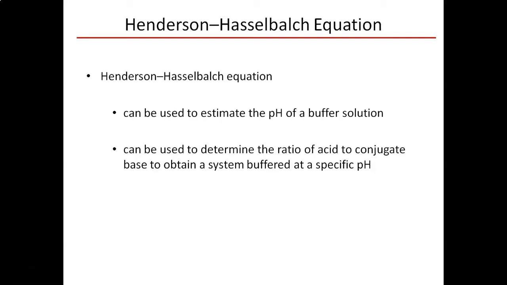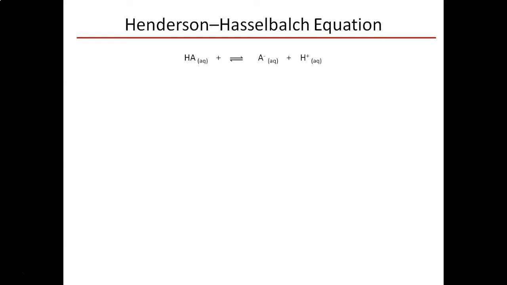Now, calculating buffered solution pHs, or the amounts of acid and conjugate base required, can be difficult to do. However, we have what's called the Henderson-Hasselbalch equation. We'll go quickly through the derivation, but you just need to know the final equation itself. Let's say I have some weak acid, and it's going to ionize. I can write my equilibrium expression for it.